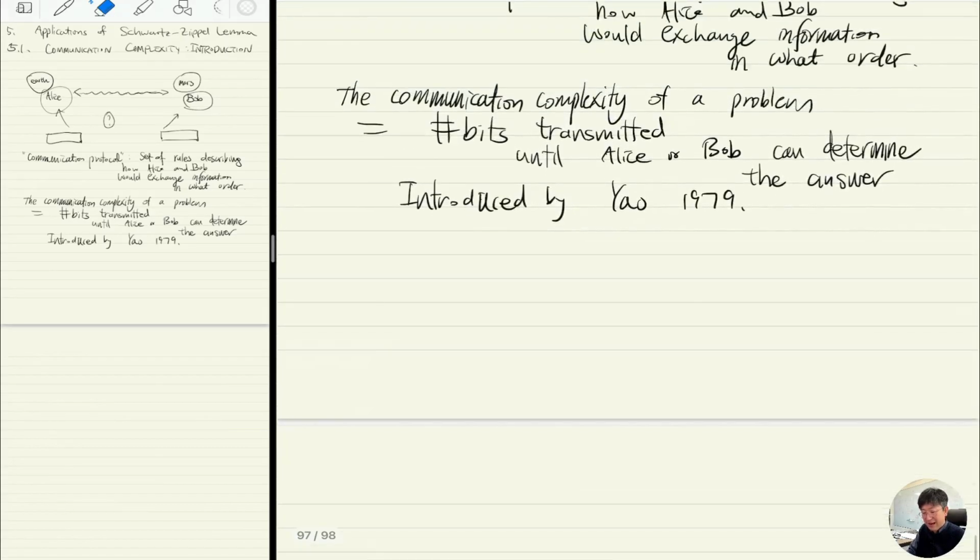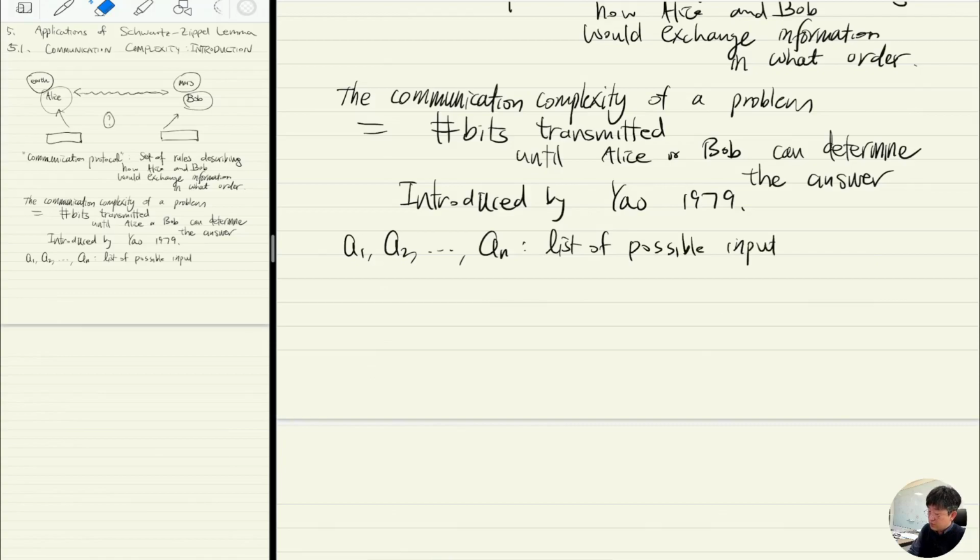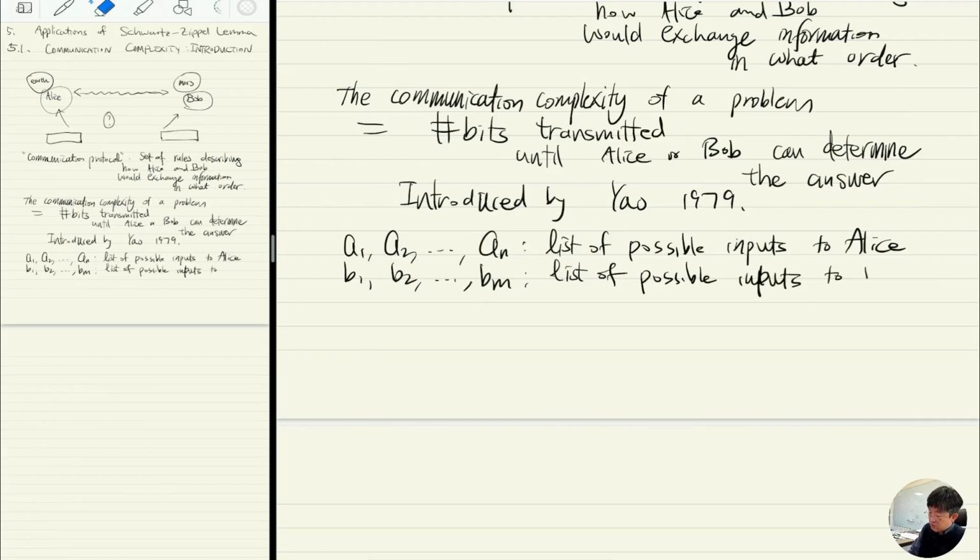So how do we formalize that? Let A1, A2, ..., AN be the list of possible inputs to Alice, and B1, B2, ..., BM be the list of possible inputs to Bob.